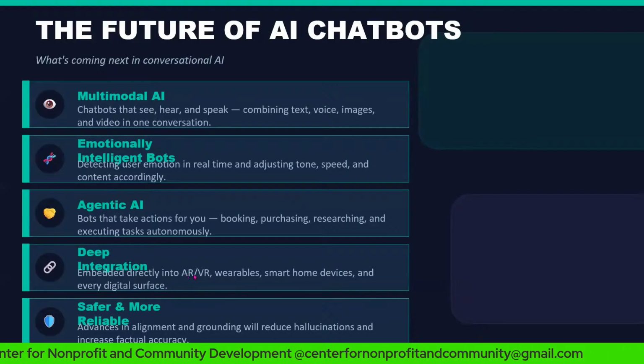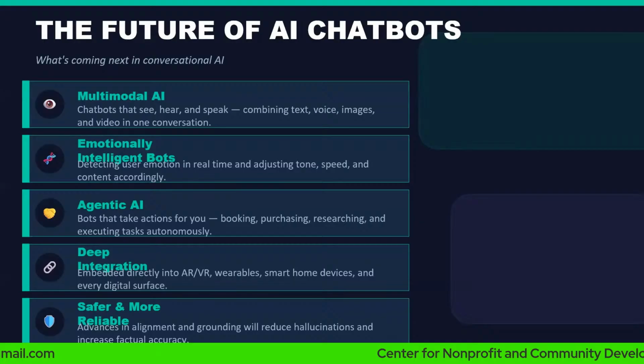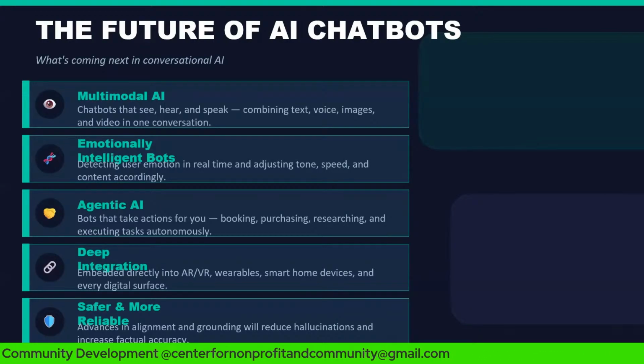AR is what we call augmented reality, and VR is what we call virtual reality. I spoke earlier about how there are different levels of AI. And this is probably level 3 that we talk about today. In my classes, we talk about all levels, from level 1 to level 10. There's a lot of information out there that you want to know.